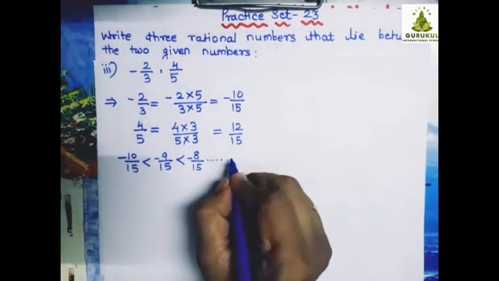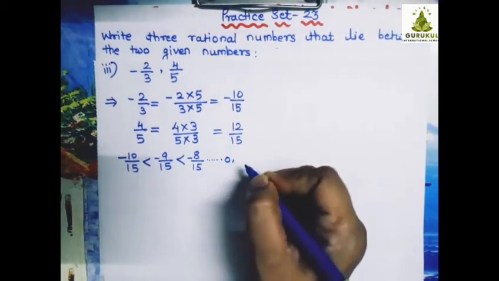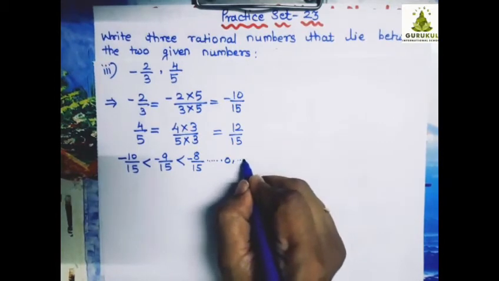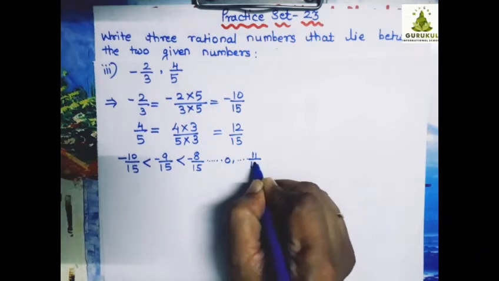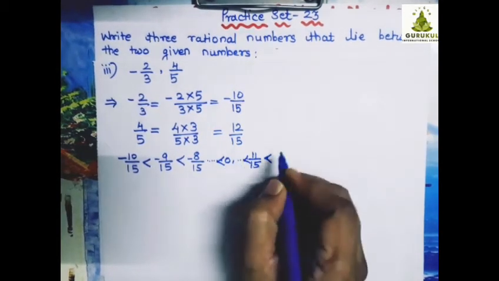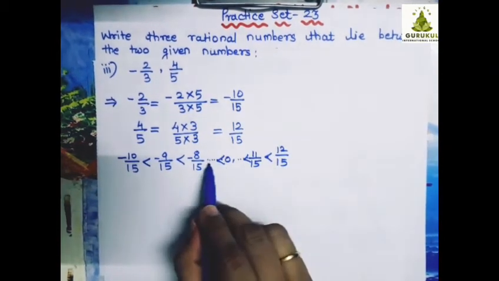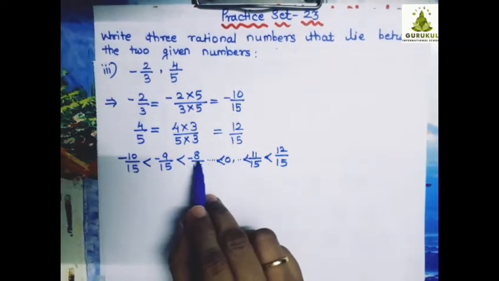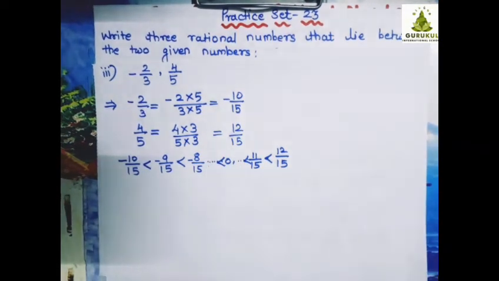It will go on reducing, then it will cross 0, then 1, 2, 3, 4, 5, 6, and so on, up to 11 upon 15. I am not writing all the numbers, and you also don't write them because there is no need. If you put a dot, it is understood that after minus 8, minus 7, then minus 6, then minus 5, and so on it will go.